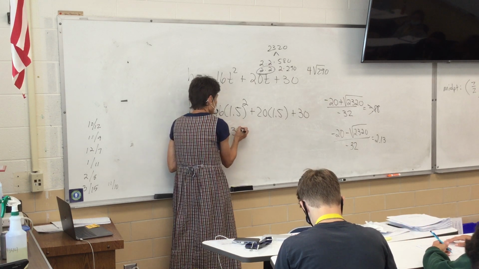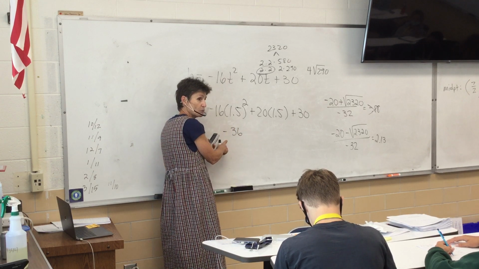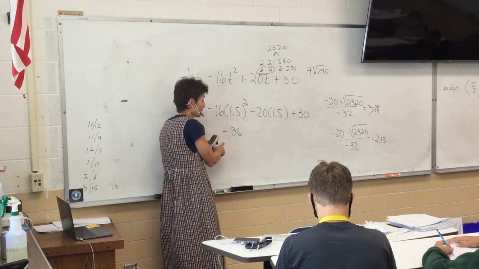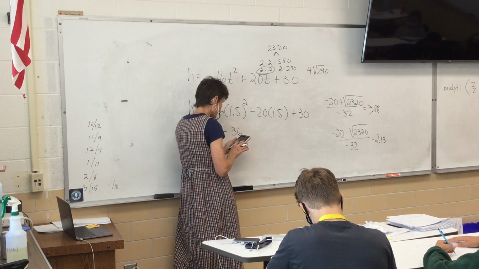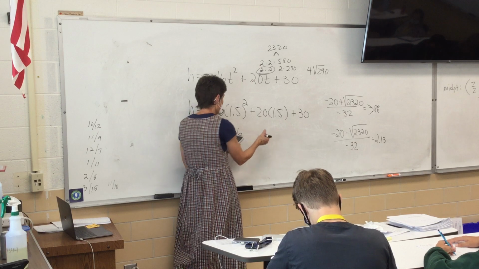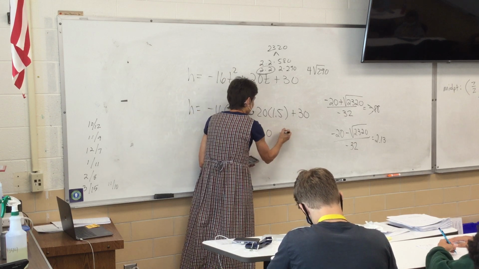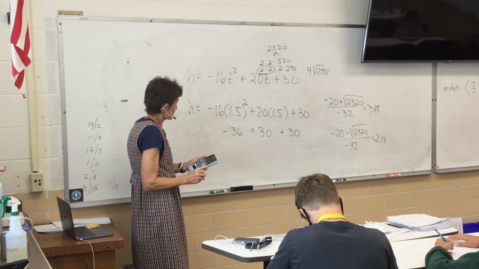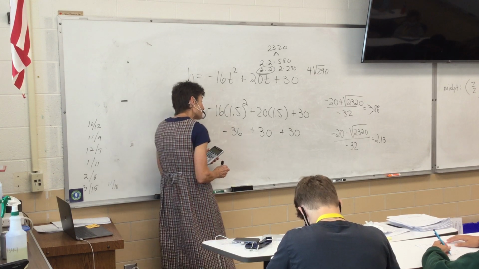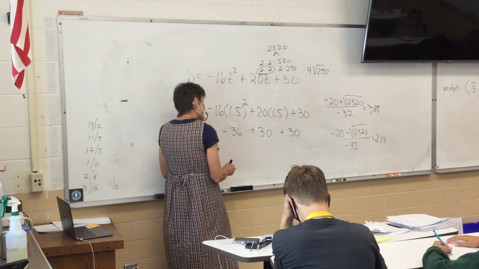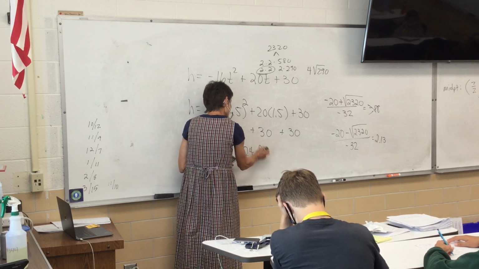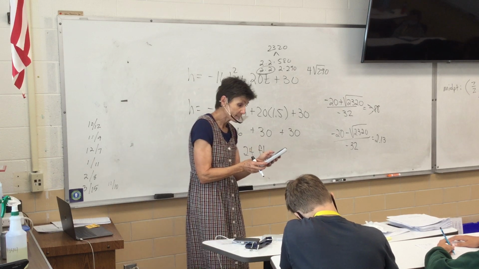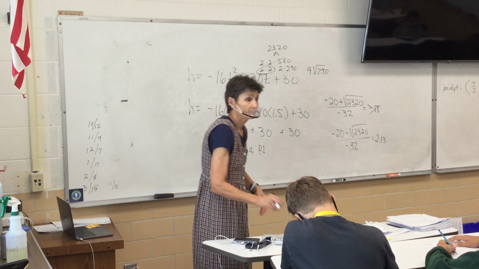So I got negative 36 here. Did you? Negative 36? Yes. All right, and then 20 times 1.5, I got 30. And then plus 30. So what is that? 24? Yep. How high is the ball after 1.5 seconds? 24 feet.